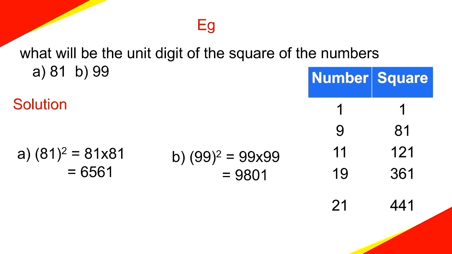So what is the unit digit you can get? 1. Instead of doing this calculation, if we know the property 2, that is, if a number has 1 or 9 in the unit place, then its square ends in 1. So 81 square, the unit digit is 1, and 99 square, that is also unit digit is 1.